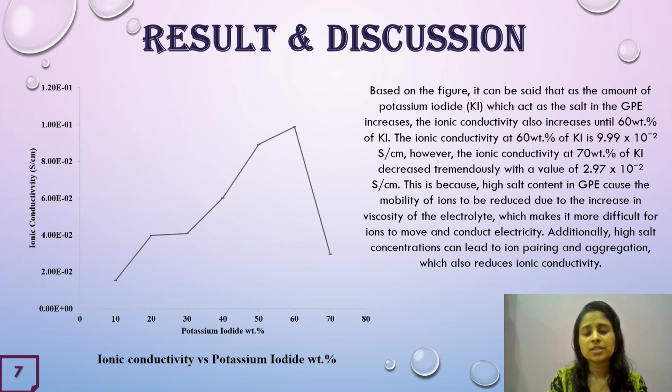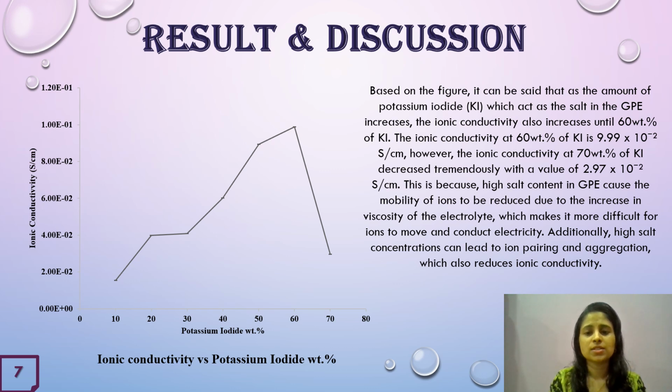The ionic conductivity at 60 weight ratio percentage of potassium iodide is 9.99 times 10 to the power of -2 Siemens per centimeter. However, the ionic conductivity at 70 weight ratio percentage of potassium iodide decreased tremendously, with a value of 2.97 times 10 to the power of -2 Siemens per centimeter.